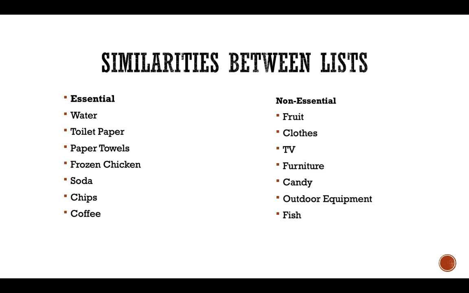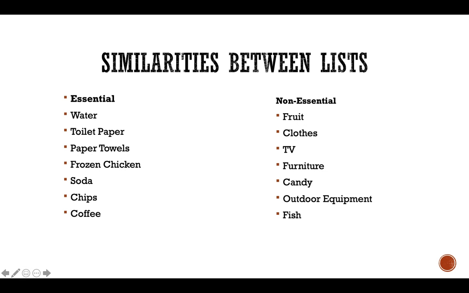Great. Now, as you come back, you might be able to see that one of the main differences between our essential and non-essential lists, or our yes and no examples, is that our essentials are things that we need almost on an everyday basis. A lot of the things on our non-essential list we don't need on a daily basis, as far as needing to constantly restock.